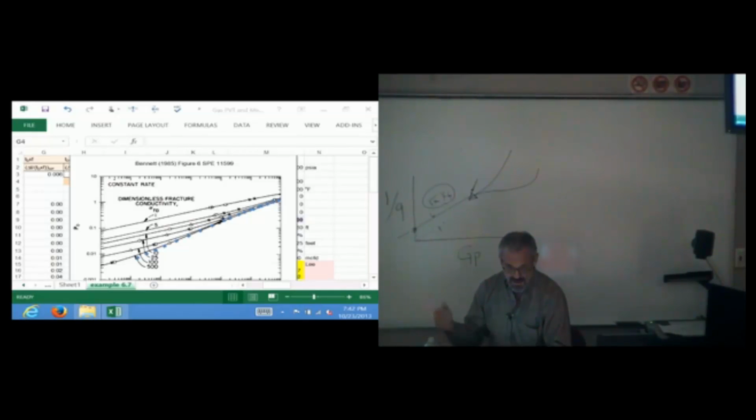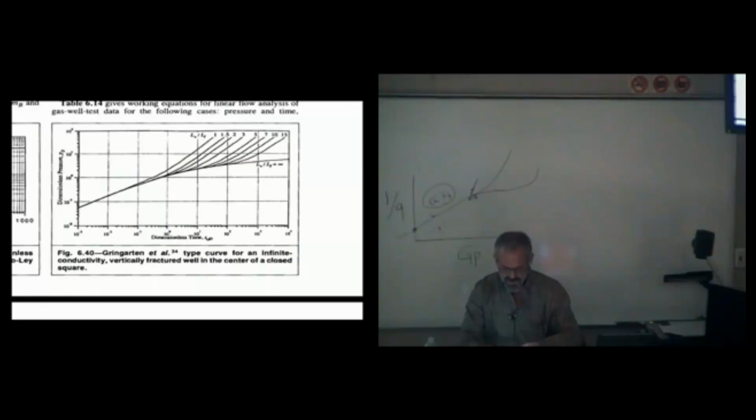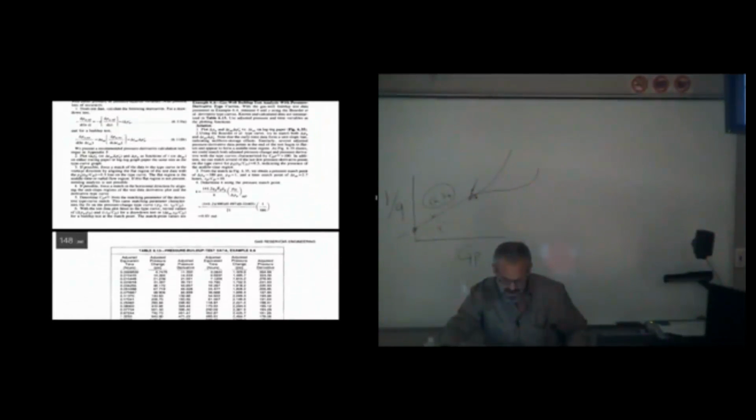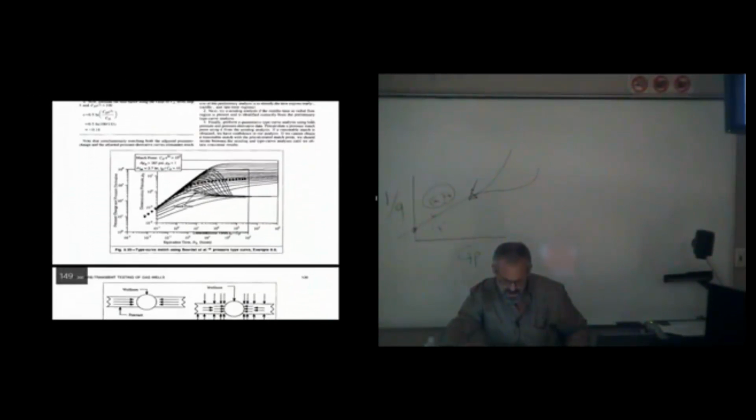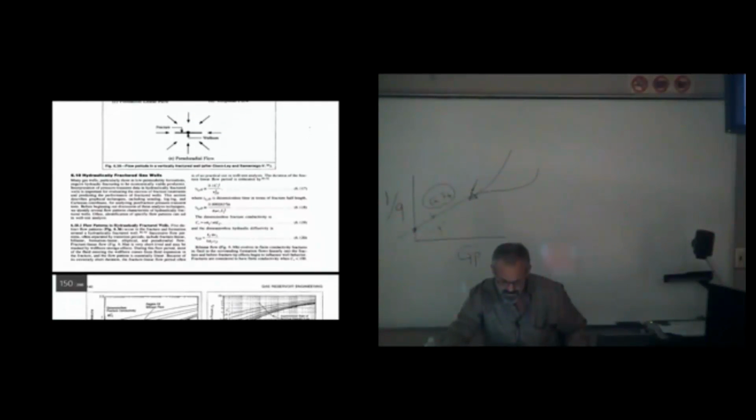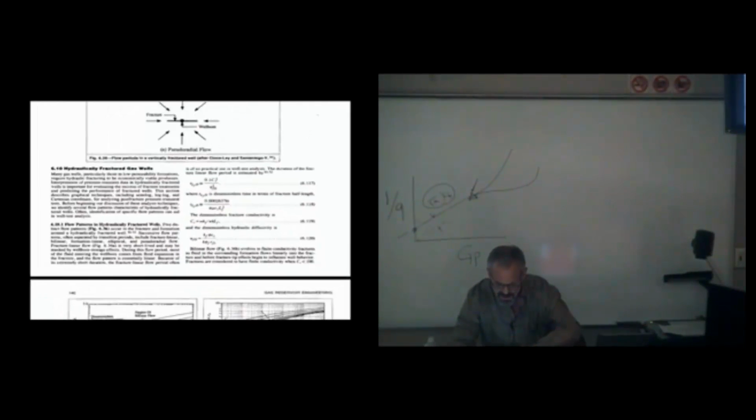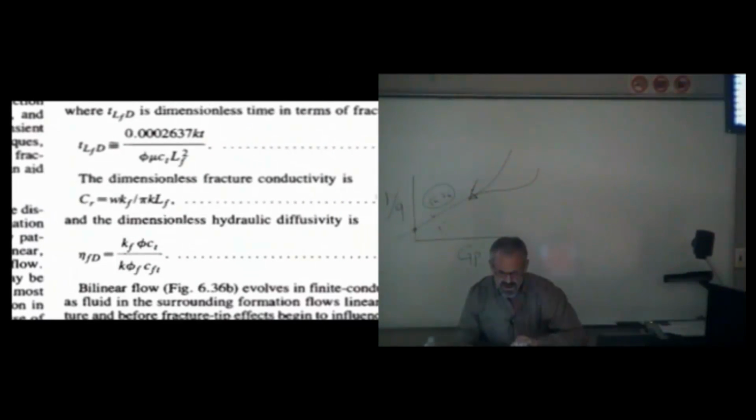But by conductivity, you're referring to the conductivity of the fracture itself. It's dimensionless fracture conductivity. Where did we get introduced to fractures? The original Cinco equation, now we use CFD.